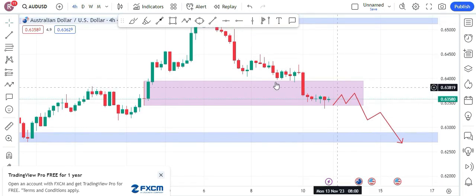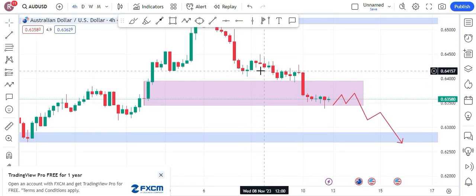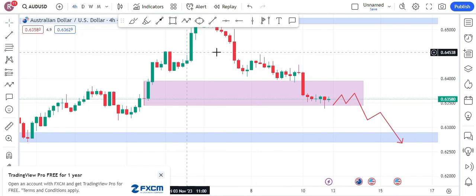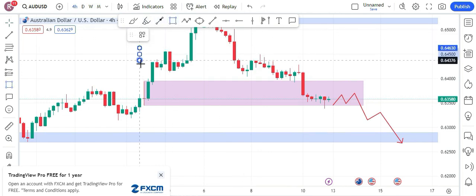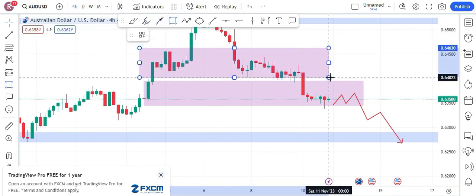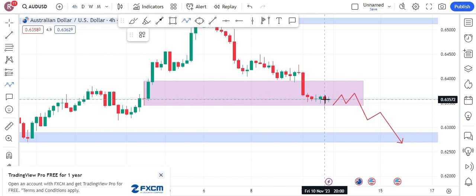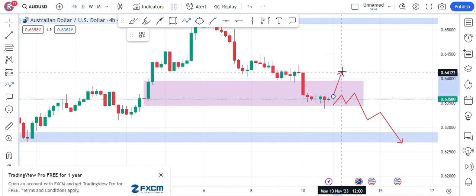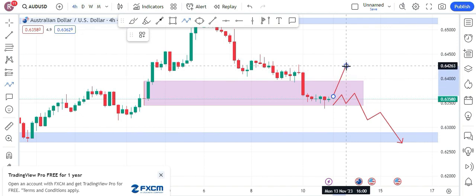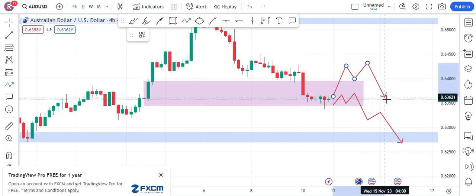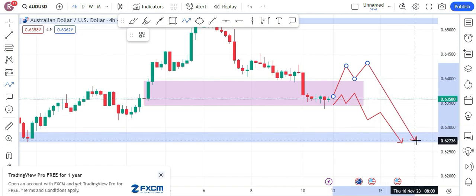Second move, you can see there is a lot of liquidity lying here too. If we mark this area properly, this is the whole zone full of liquidity. So maybe if it cannot push the market on the downside, it will come here and take down some liquidity from here, then move to this area.